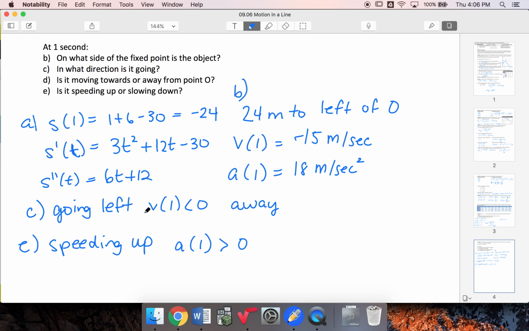So going to the left because our velocity was negative, moving away because we were already to the left of O, which we knew from part A, because at position 1 we had a negative value.